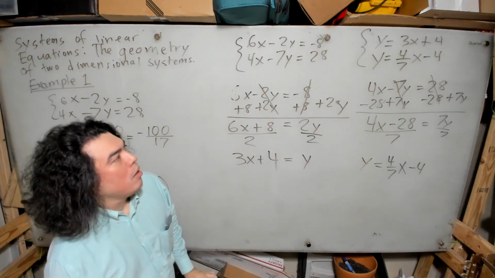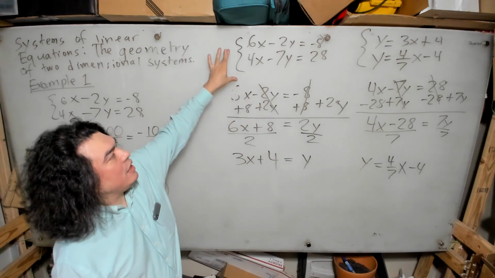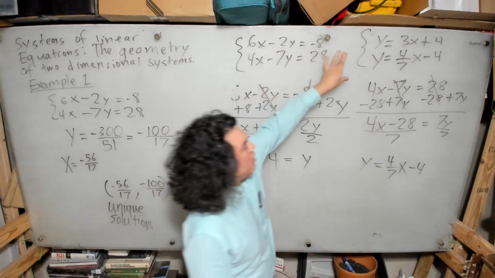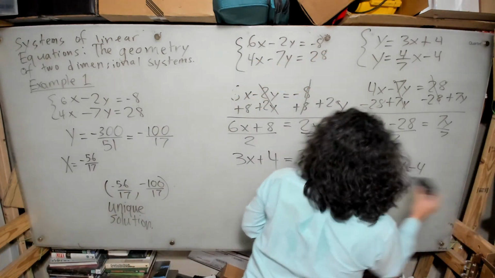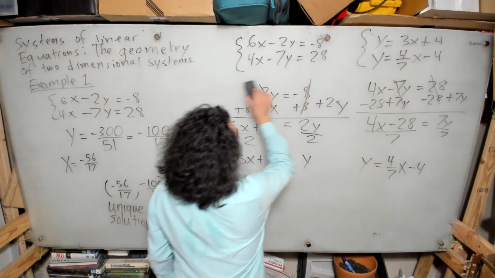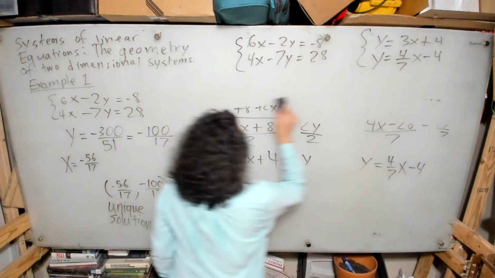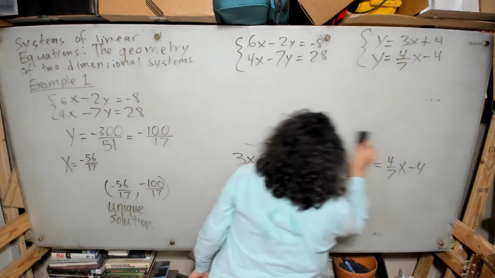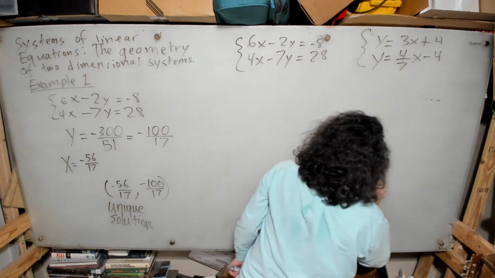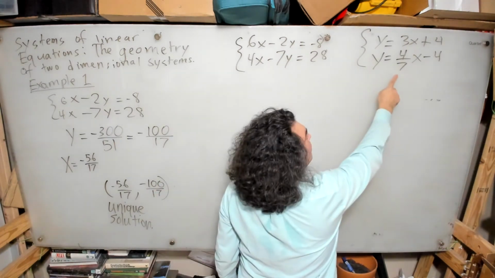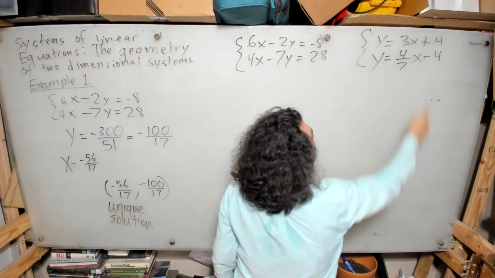But basically, what I've done is I've taken this system and I've rewritten it like this. And what does that tell us? Well, what that tells us is that geometrically, these are two lines that have a different slope and different y-intercepts.